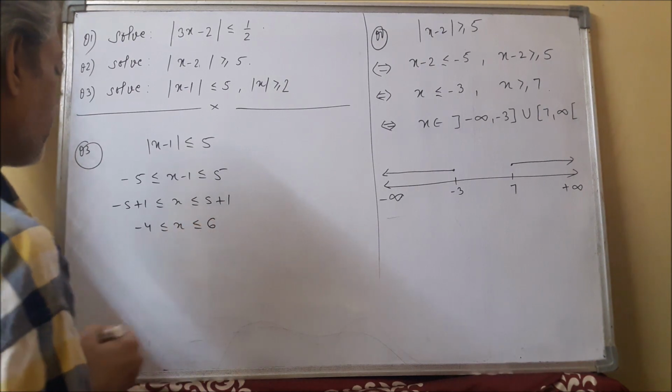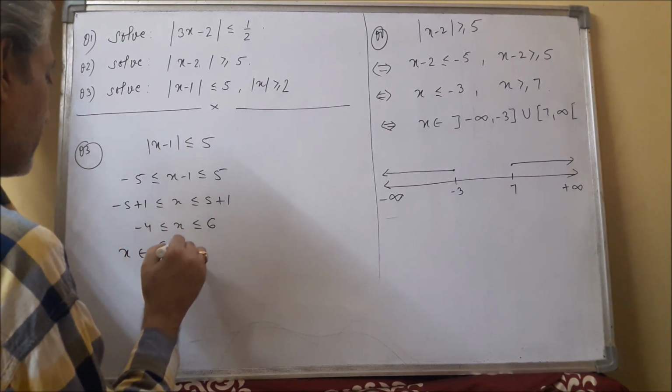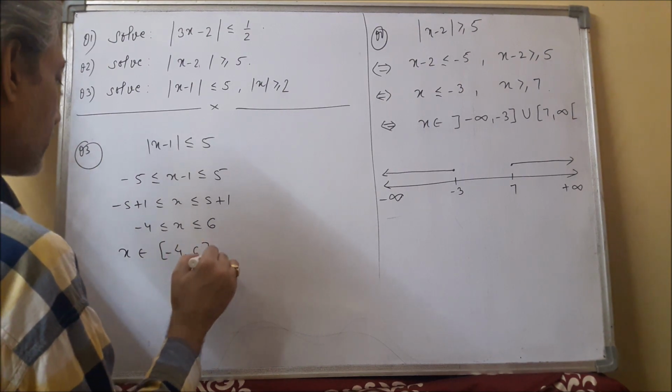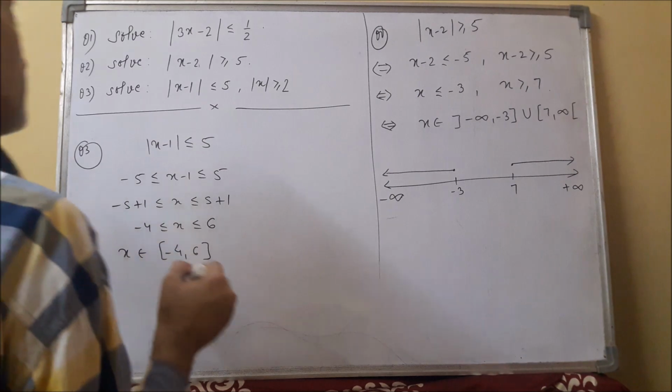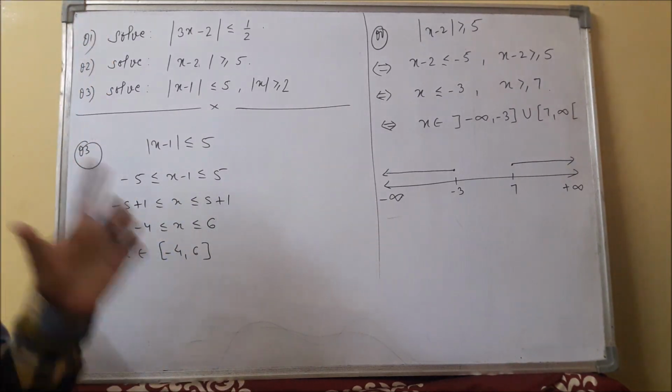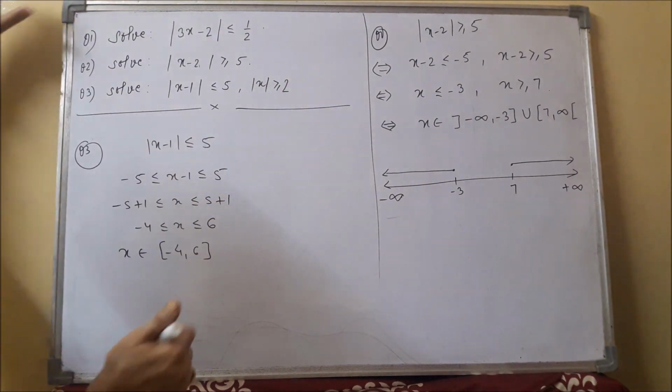So we are getting x belongs to minus 4 to 6, including minus 4 as well as 6. Now this is the first part. We need the common values which will satisfy this as well as this.